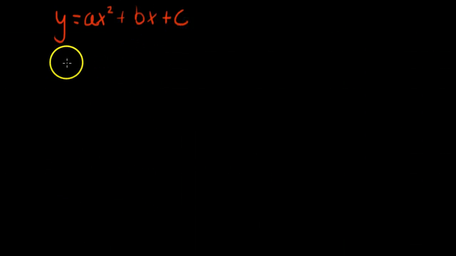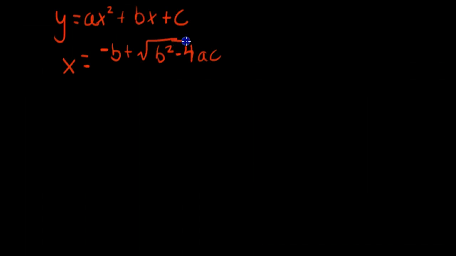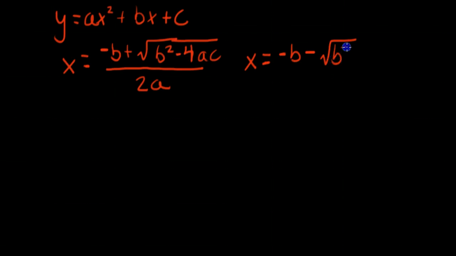The x-intercepts here are going to be x equals negative b plus the square root of b squared minus 4ac, all over 2a.